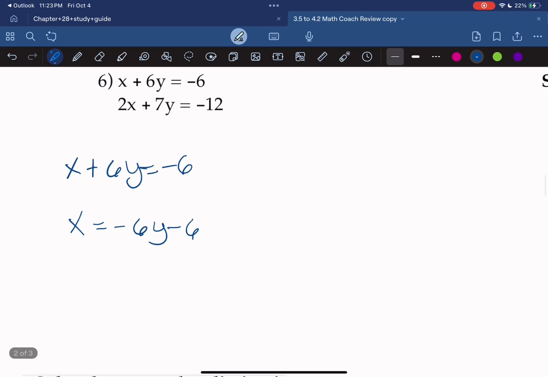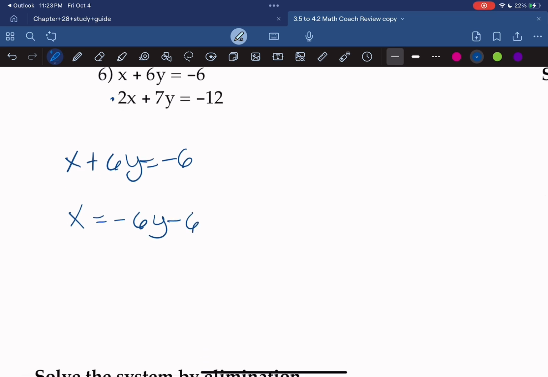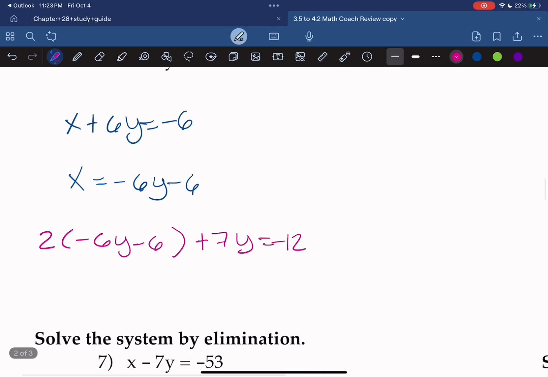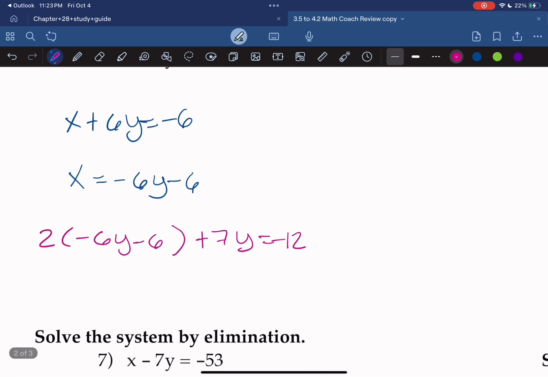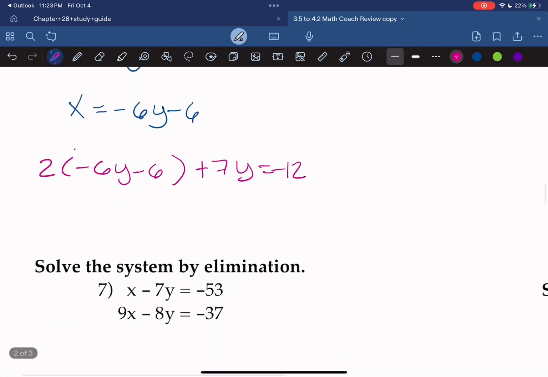We plug it into the other equation. 2 times negative 6y minus 6 plus 7y equals negative 12. So now let's go ahead and put the 2 into the parentheses.